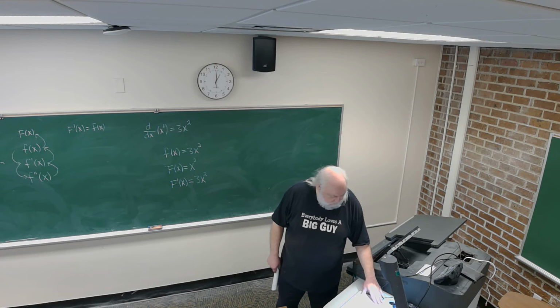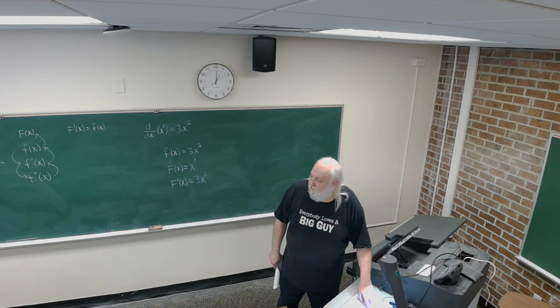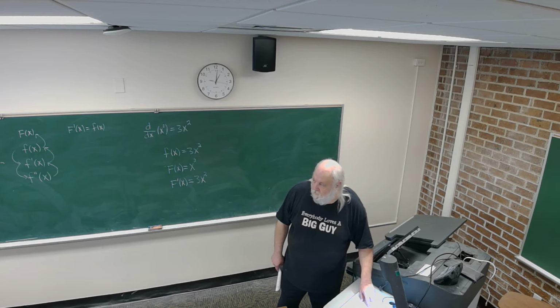So in the exercise down below, find the general antiderivative of the function. All the antiderivatives of little f of x are only going to differ by a constant c.